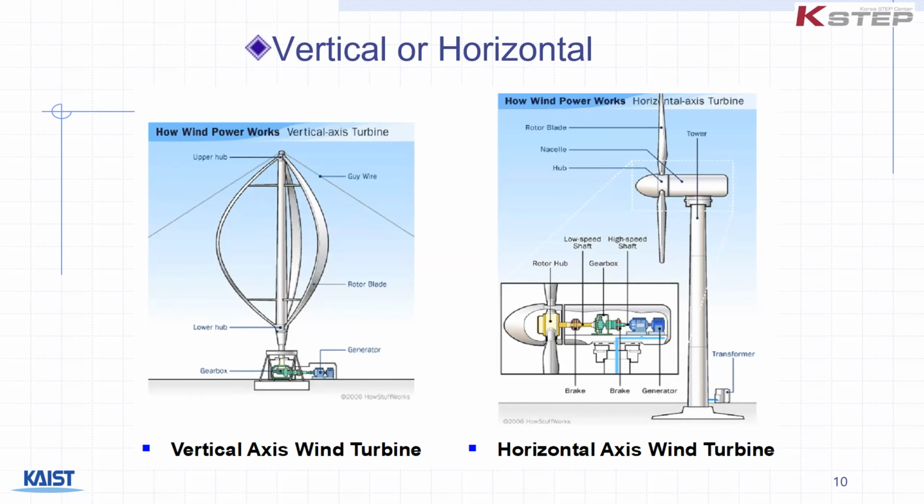But there are also ideas we can use for this vertical axis. Because the size of wind power is increasing up to 20 megawatt. The size of the blade is increasing up to more than 100 meters. And the other things are bigger and heavier.